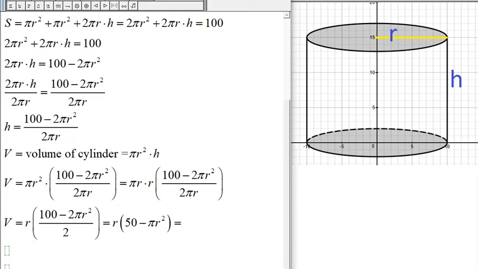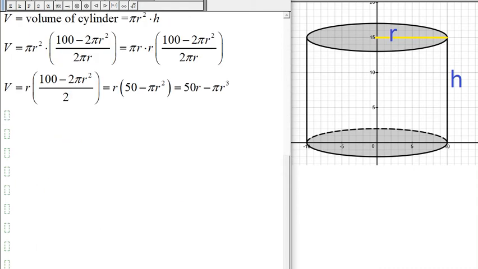Now we end up with 50r minus pi r to the third. r times 50 is 50r, and r times pi r squared is pi r to the third. That's the volume as a function of the radius.